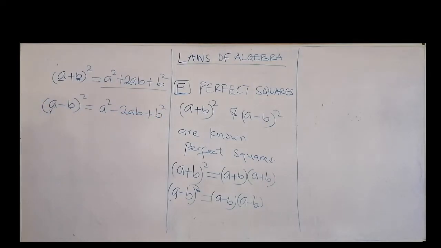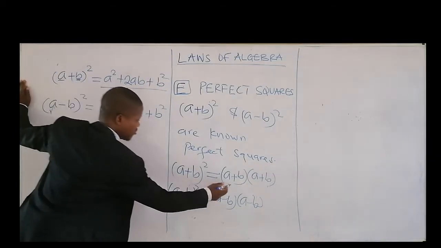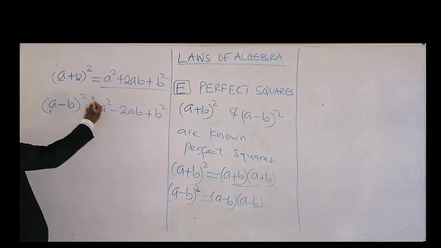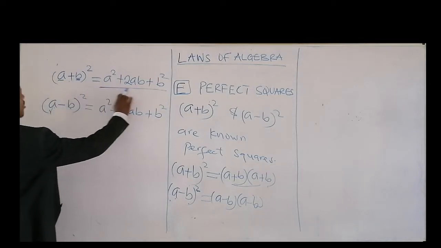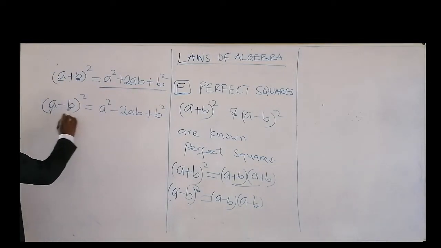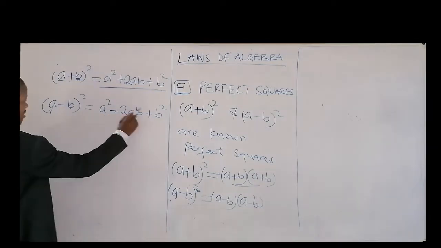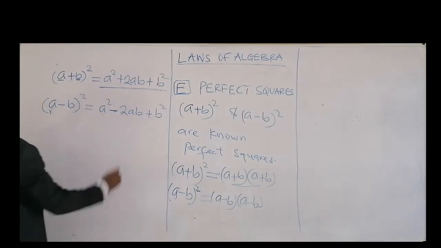So that's how to do normal expansion of a perfect square without wasting time. If you like, you can also do your normal expansion, and you get the same result. The only observation is that for the case of positive, everything will be positive. For the case of negative, the middle term is negative, while the last one will be positive.